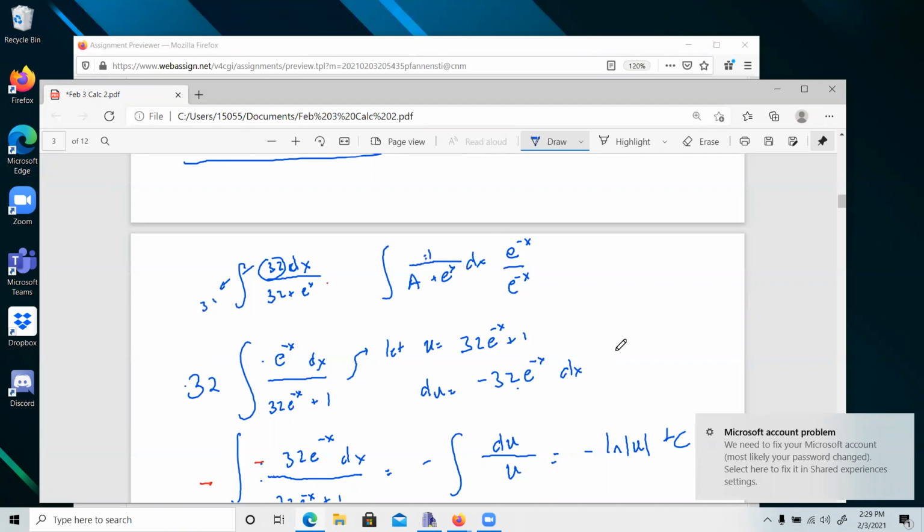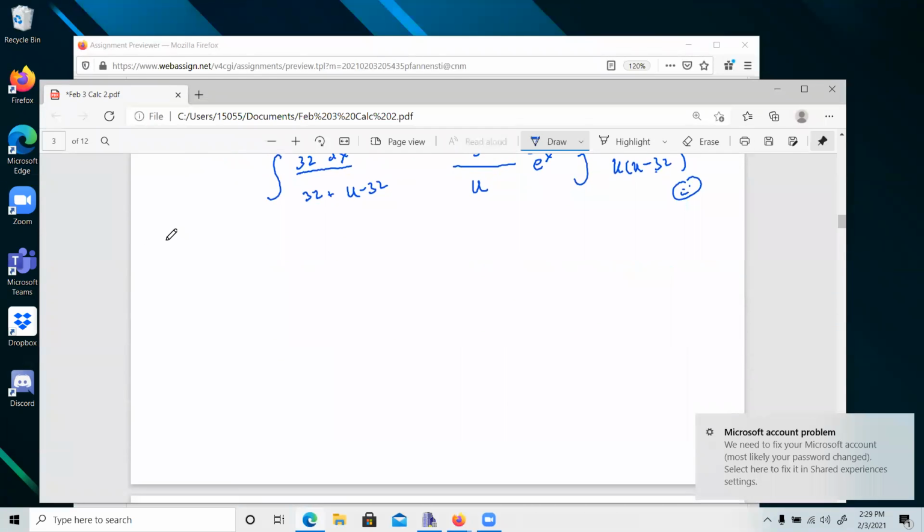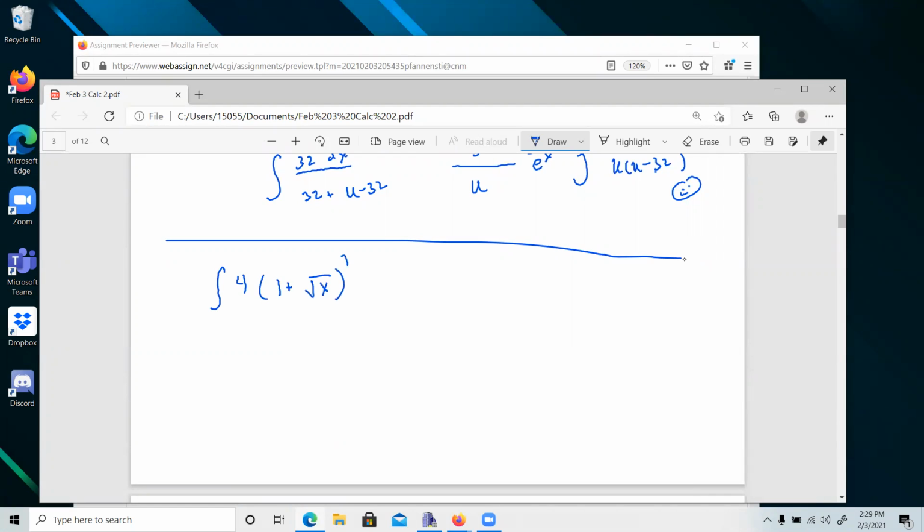All right, so let's have a look at this. We have the integral of 4, and then we have 1 plus the square root of x to the 7th dx. Now, again, this is where we're going to have to twist the u substitution around a couple of different ways. So we're going to say let u be equal to 1 plus root x, because this is kind of a pain.